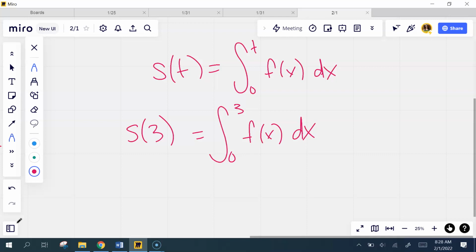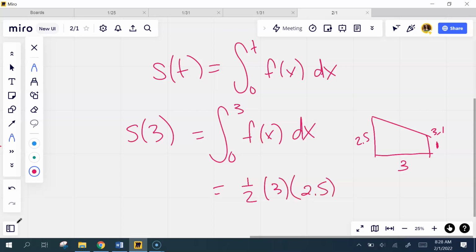Do you agree? This height looks to be about 2.5. This height, actually I know that this is 3,1, so this height is 1. I say height, but really it's the base, and this length is 3. So 1/2 height, which is 3, and then add the two bases together.